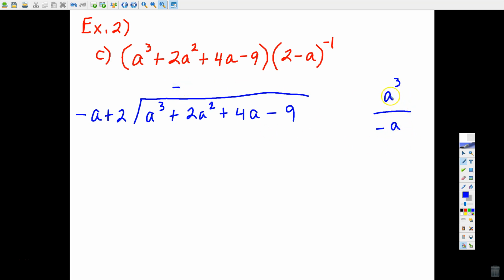And once again, a to the 3 minus 1 power, that's a to the second. So we understand why it's negative, positive divided by negative, and then we just applied our rule of like bases, subtracting the exponents.